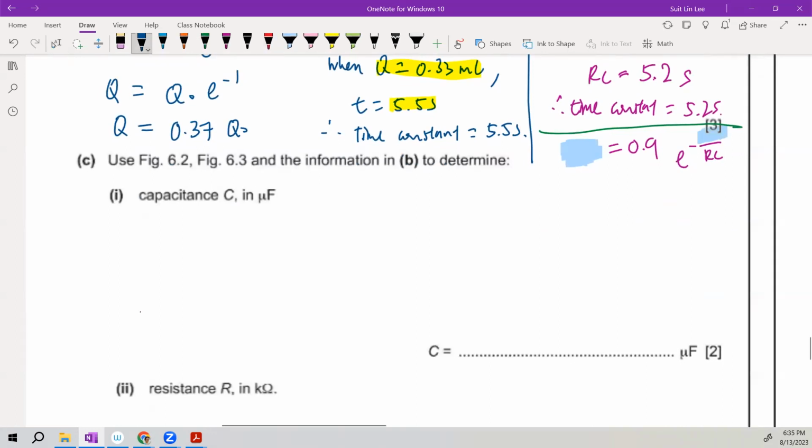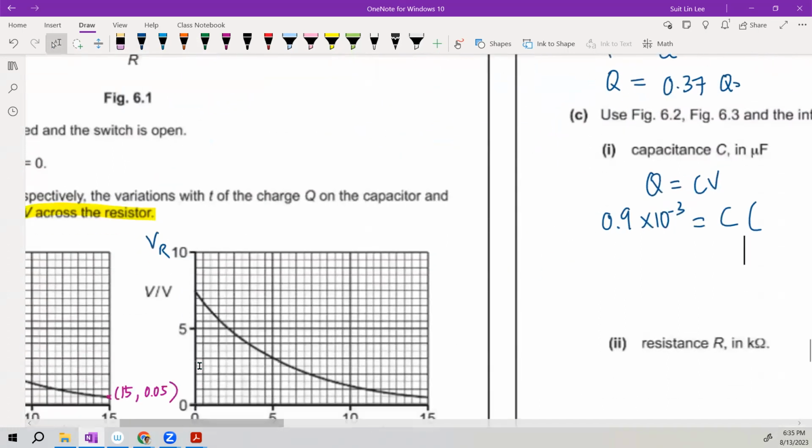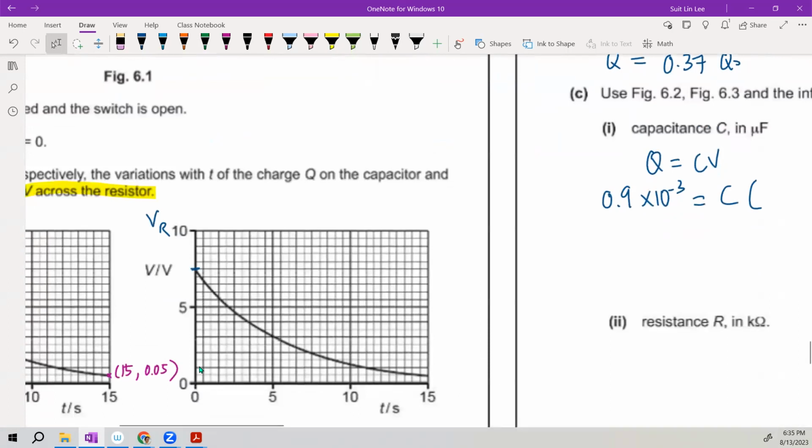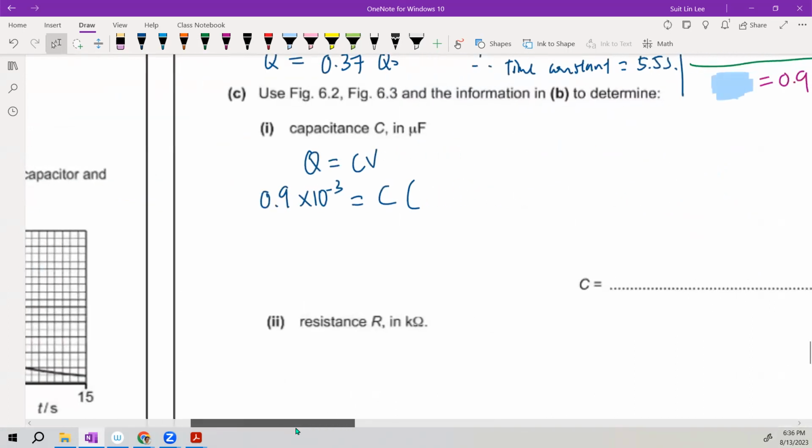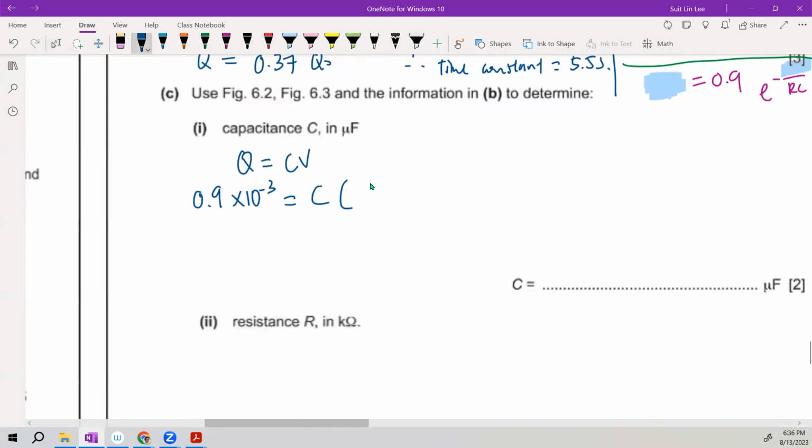Okay, next. Using all the information that we have, find C and R. Well, this one now becomes very easy because you can think about your Q as equal to CV. So 0.9 millicoulomb is equal to C times the potential difference, the initial potential difference here, V naught, which is 7.5.